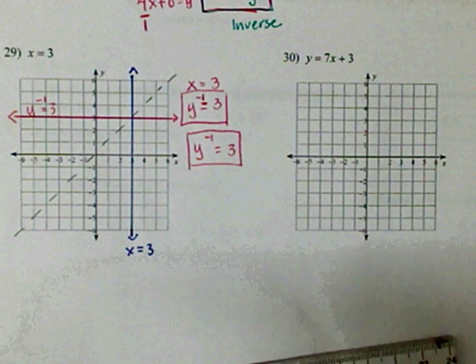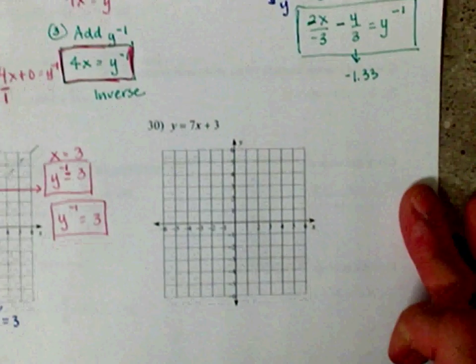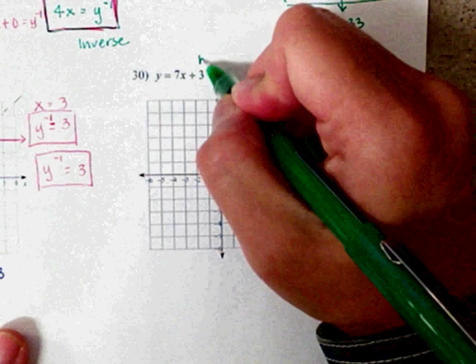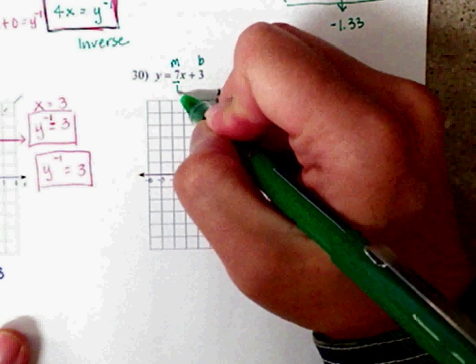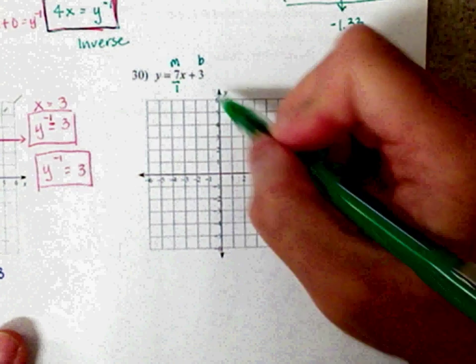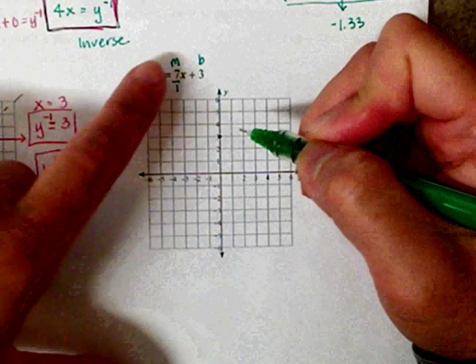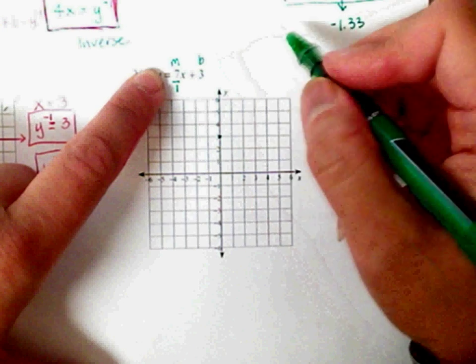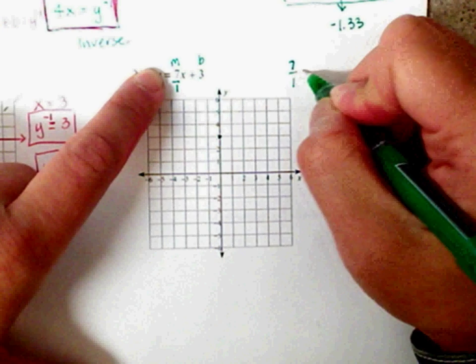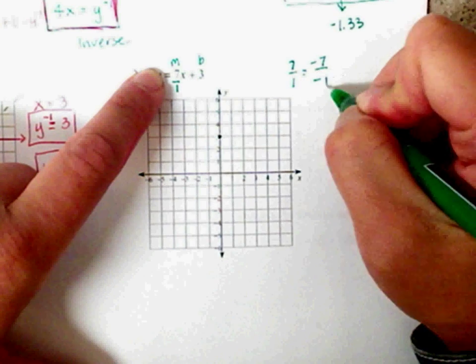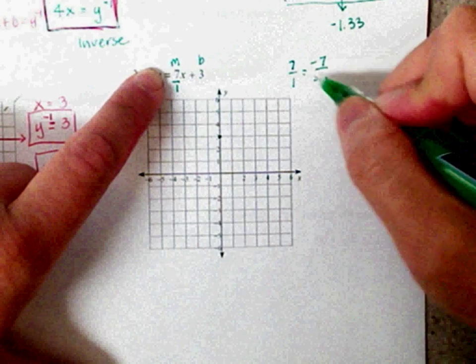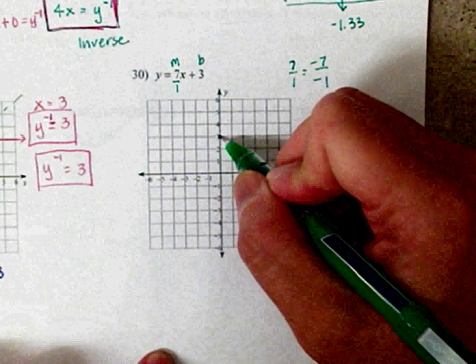Number 30. B, M. This is the same as 7 over 1. Okay? Go to B. Now, if you look, if I go up 7, I'm out of room. So isn't 7 over 1 the same thing as negative 7 over negative 1? Negative over negative is positive. So instead of going up, I'm going to go down 7.